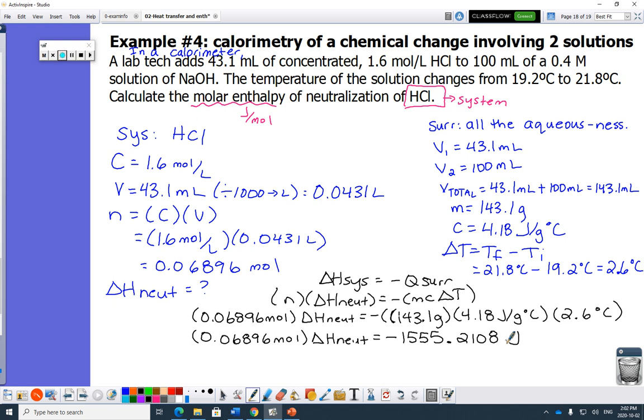Again, we have joules, grams cancel, degrees Celsius cancels. We're left with joules. We're going to divide by moles. That's perfect. That's what we want.